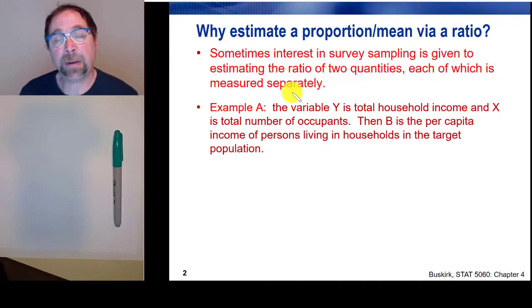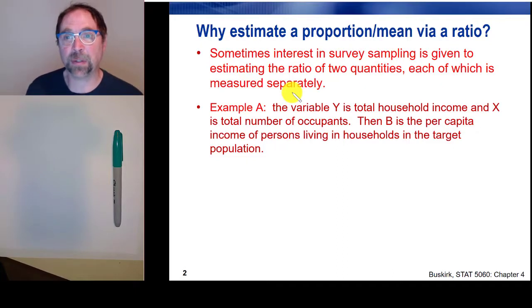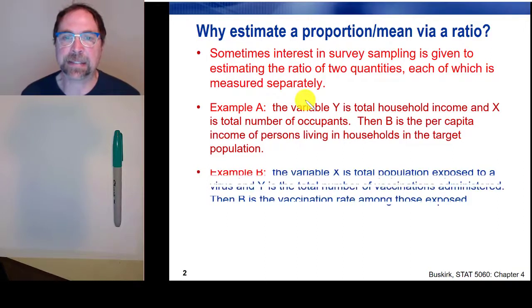Here we would have estimated y, the total household income, and x, the total number of occupants per household, and taken their ratio. That ratio is what we call the per capita income. That is one quantity that's actually expressed as a ratio, and we need to express it as a ratio for it to make sense.